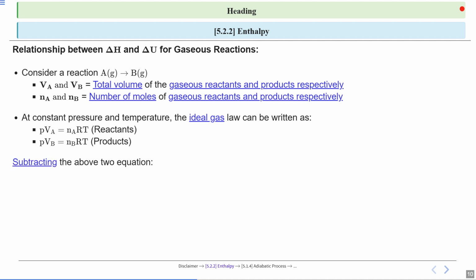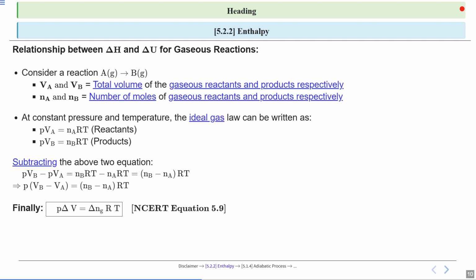If we subtract both of these equations, what we will get? We will get PVB minus PVA equals NBRT minus NART. Take the RT common out of it, you will get NB minus Na multiplied by RT. Now, if you just rearrange this equation further, you can take the pressure, which is constant, out of it. And this will give you your final equation, which is P delta V equals delta NgRT.